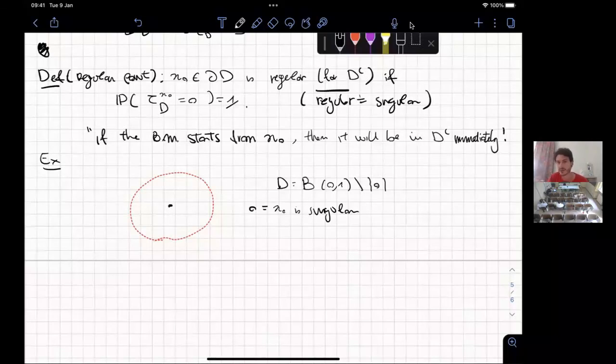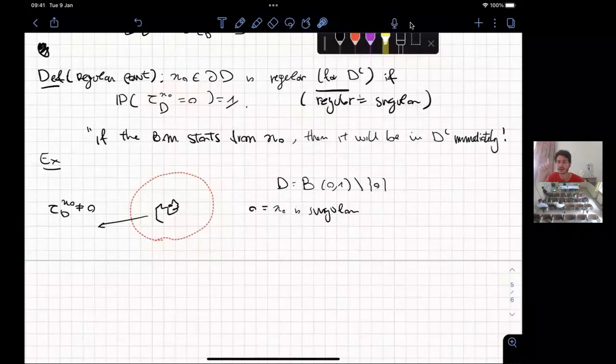So just after our departure there is no way it stays in the domain, and so in this case we have that tau_D of x0 is equal to 0. It means that basically you start and you get killed once you started.